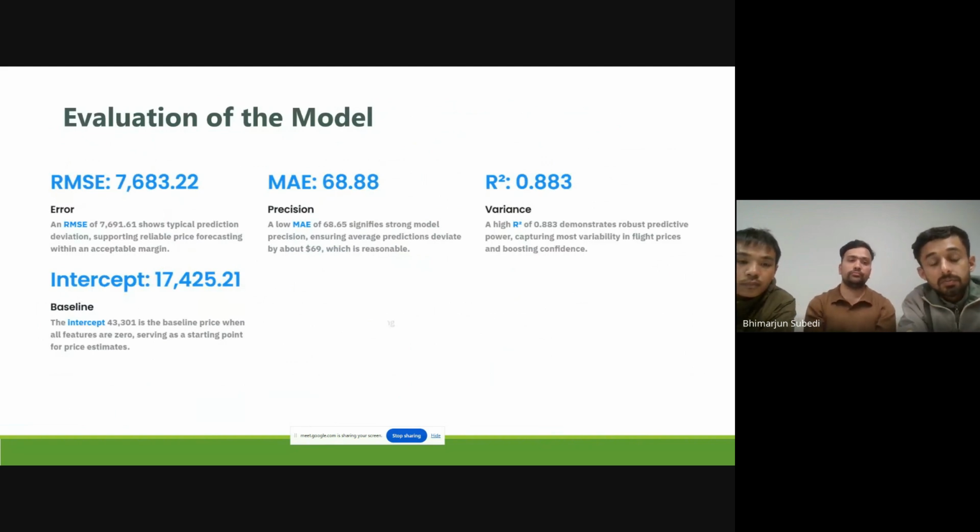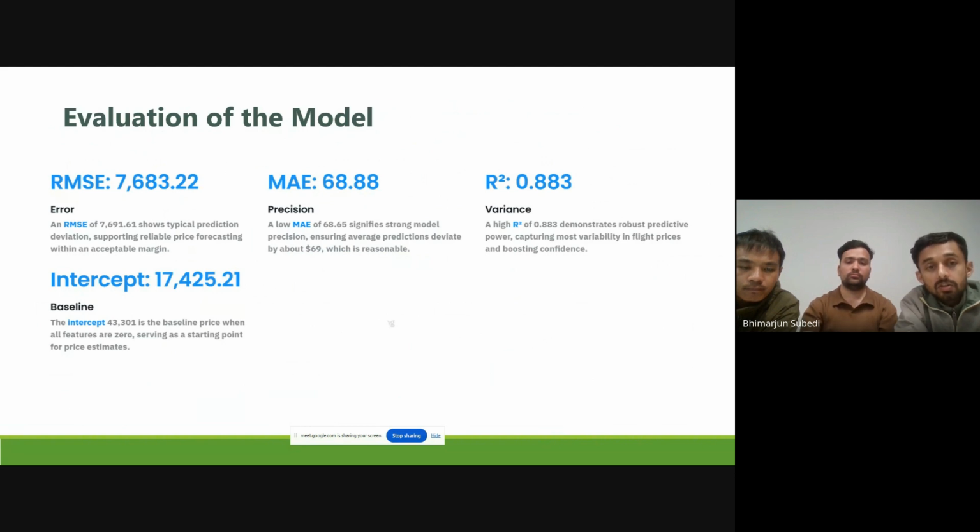After implementing our machine learning model, multiple linear regression, we came up with the following evaluation metrics. The R square value is 0.883, which is 88%, meaning 88% of the variability is explained by our independent variables.